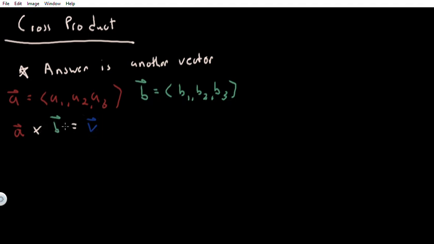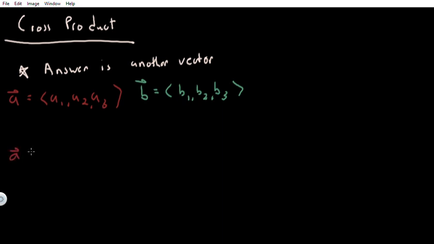But how do we calculate a cross product? This is going to seem rather strange if you've never worked with matrices before, or you don't know what a matrix is yet. If you don't know what a matrix is, just bear with me until we create our playlist on matrices. But basically it's just the determinant of a matrix.